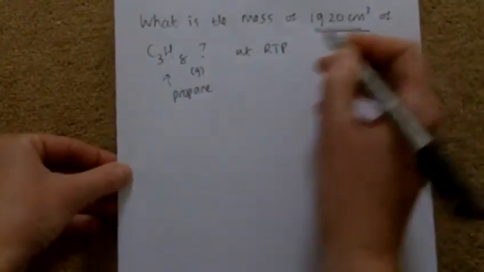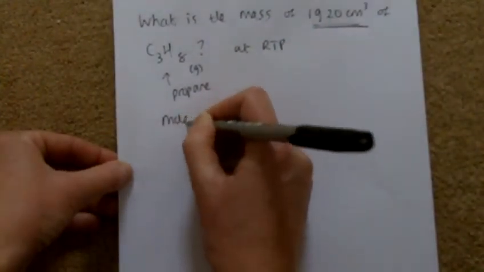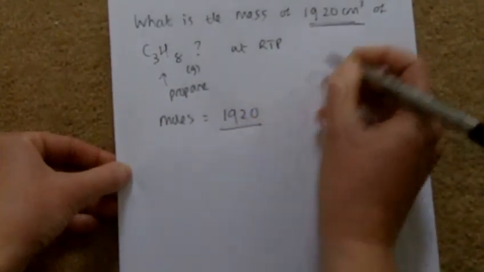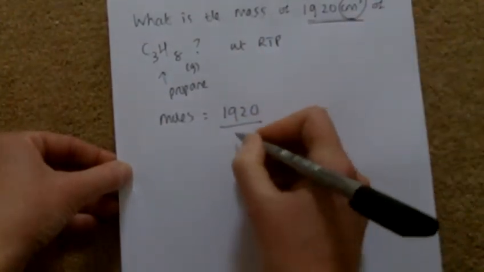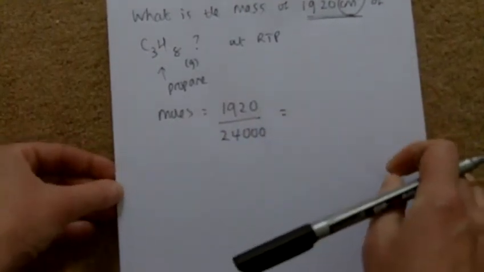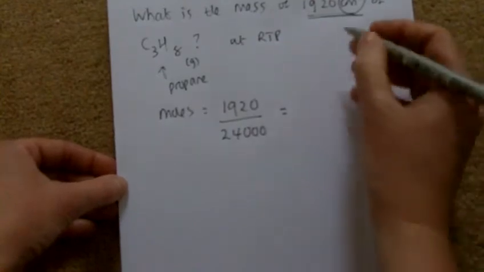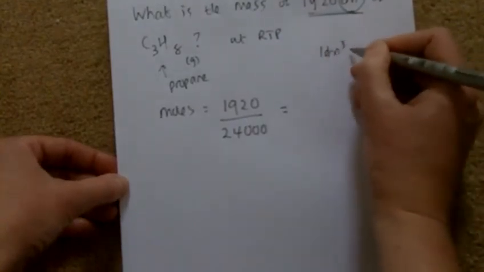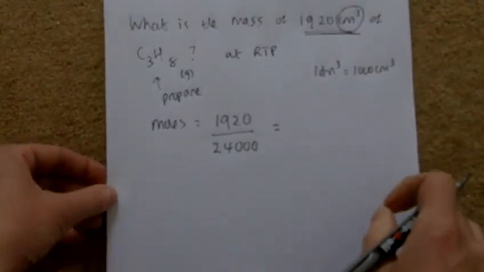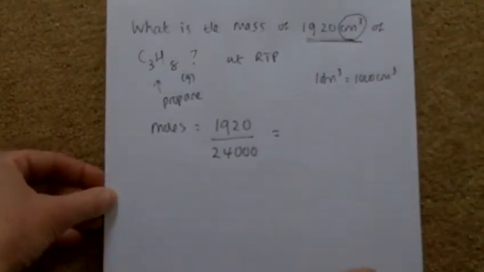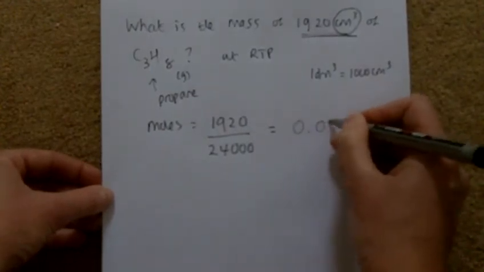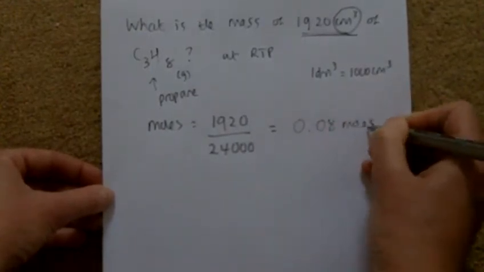We've got a volume, so I'm going to use the equation moles equals volume of a gas over, it's in centimeters cubed, so I've got to use 24,000. Remember, 1 decimeter cubed is 1,000 centimeters cubed. So we do that calculation, and it comes out at 0.08 moles.